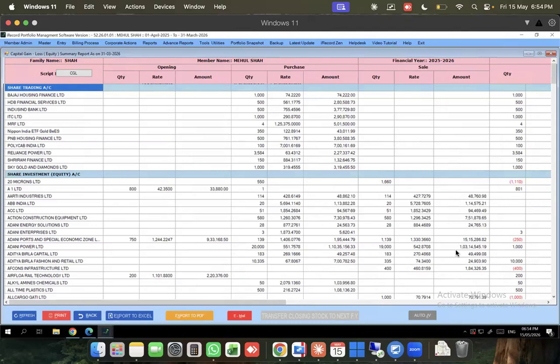And we have walked you through a few fundamentally required reports such as bank reconciliation, your net position report, your mutual fund reports, and so on.